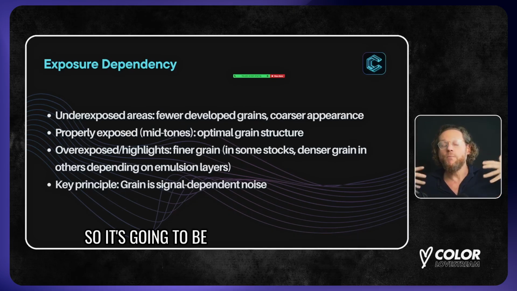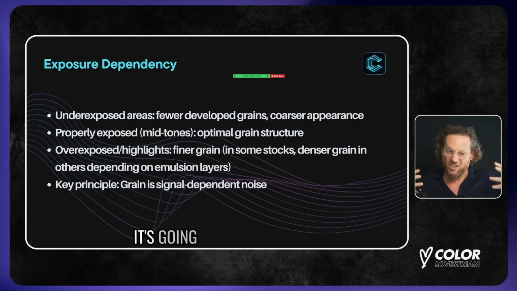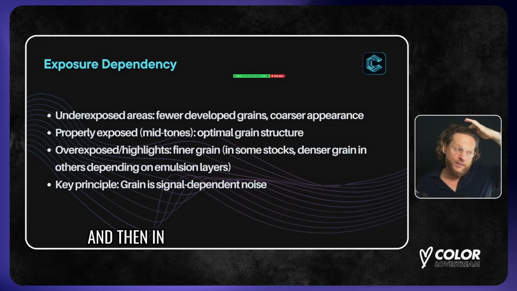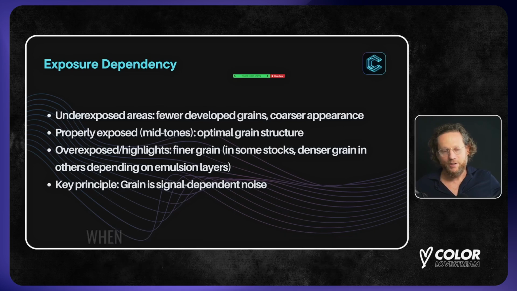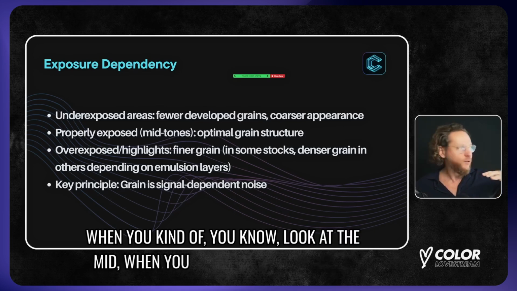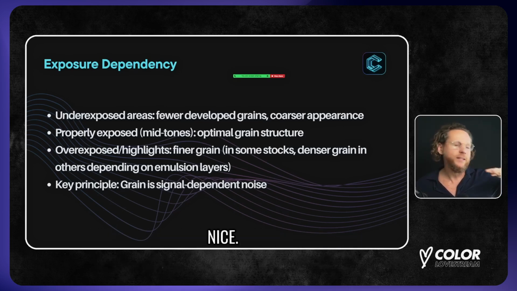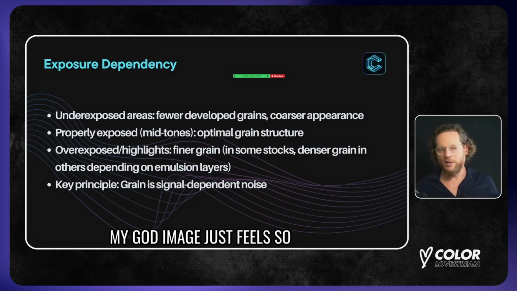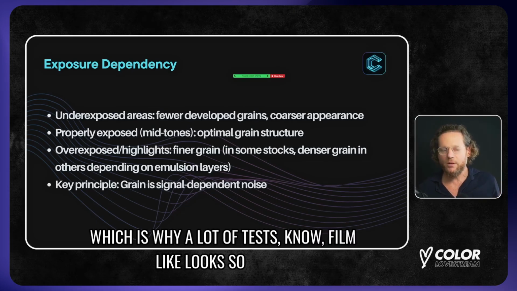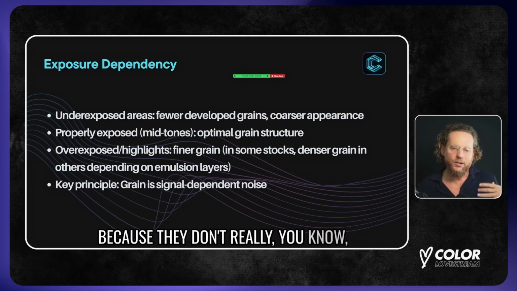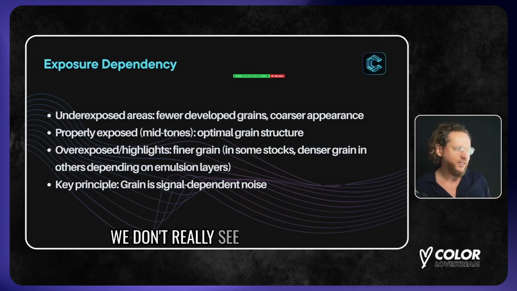So it's going to be more prominent, more visible to us, or it's going to feel like that. And properly exposed in the mid-tone, it has optimal grain structure. When you say, oh, the exposure is very nice, my God, the image just feels so clean, which is why in a lot of tests, film looks so clean. Why? Because it's been properly exposed so that we don't really see this problem.